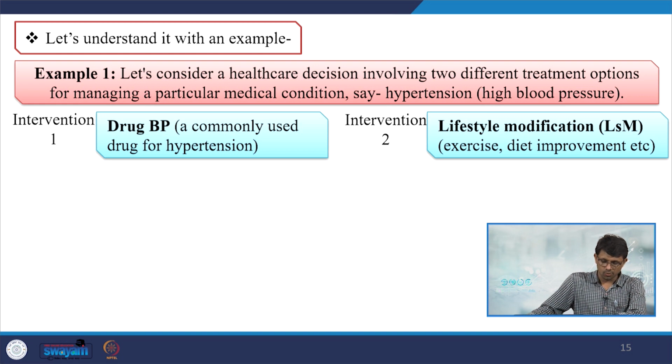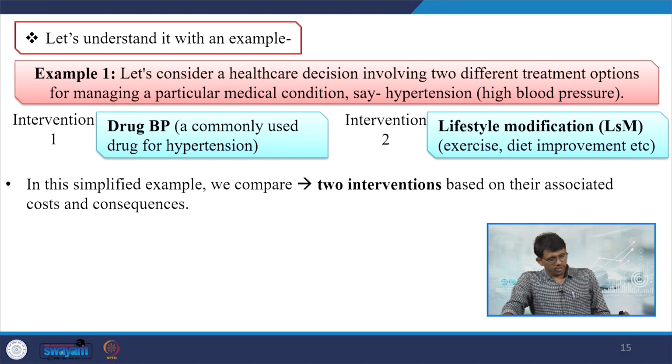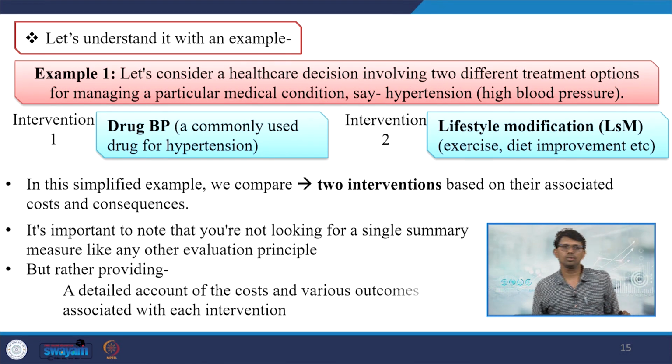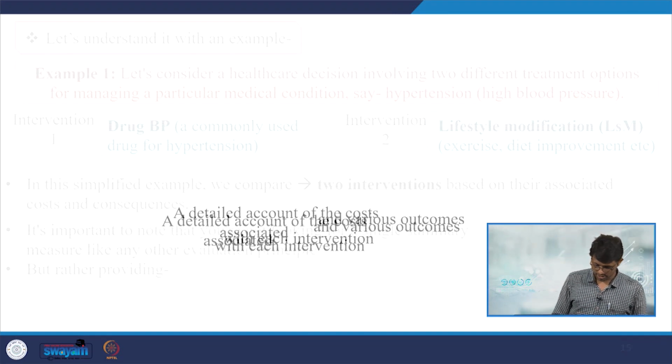So, one intervention is through blood pressure drugs for the high blood pressure, a commonly used drug for hypertension, and the second one is called lifestyle modifications, in short LSM, such as exercise, diet improvement, yoga, etc. In two interventions, we can compare their associated cost and their consequences. It is important to note that you are not looking for a single summary measure like other evaluation principles, but rather providing a detailed account of the cost and various outcomes associated with each intervention.